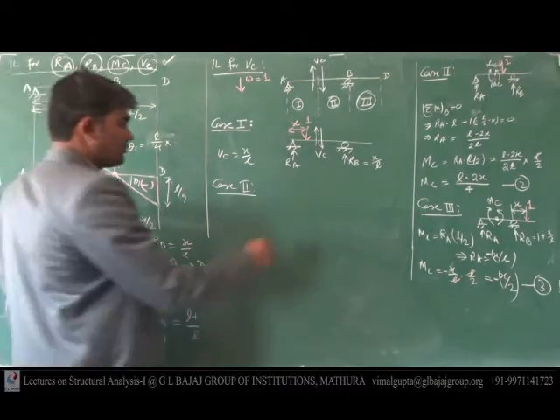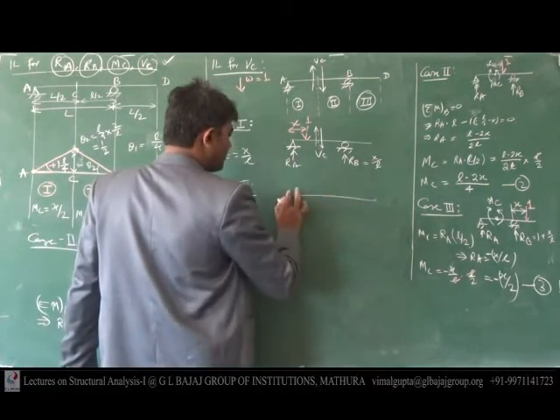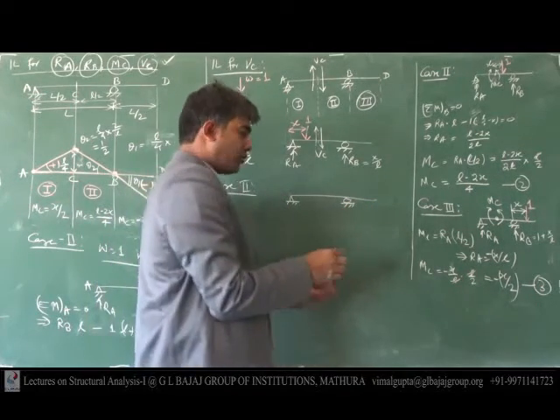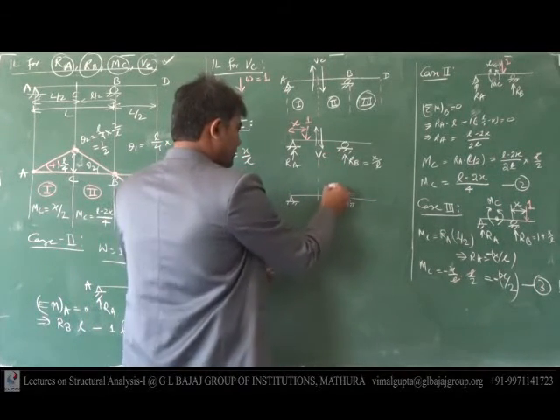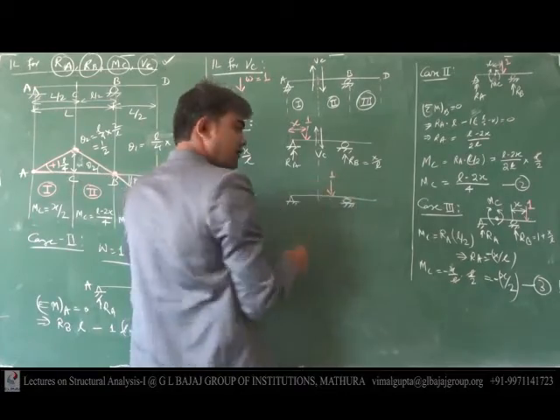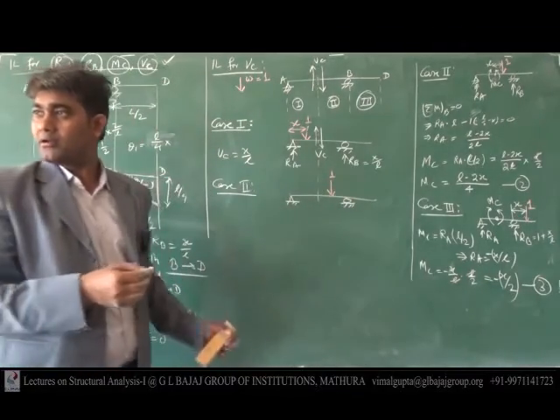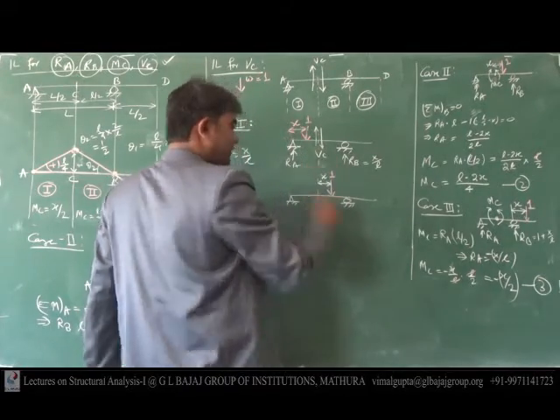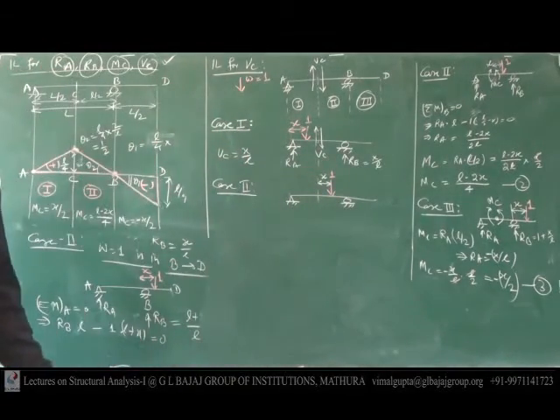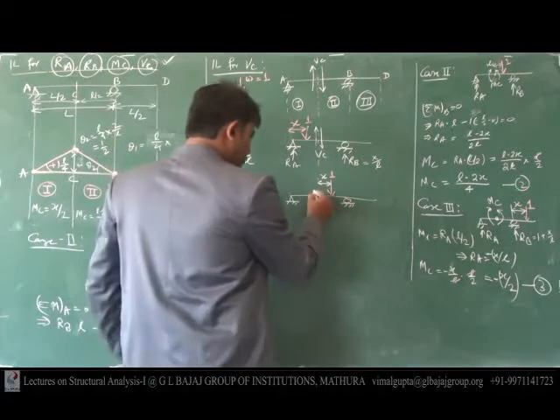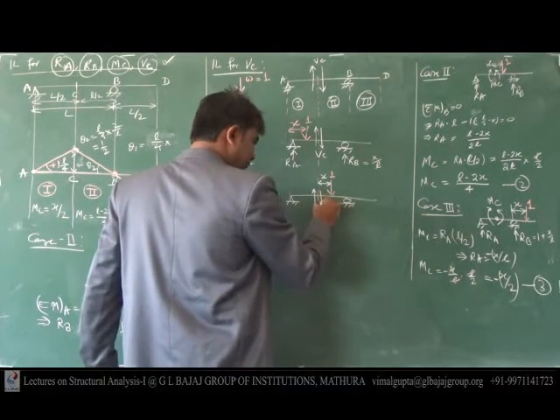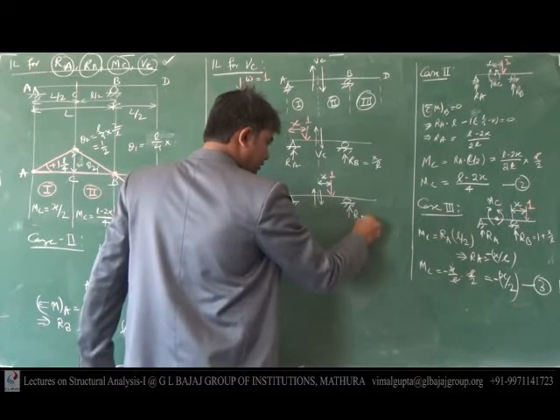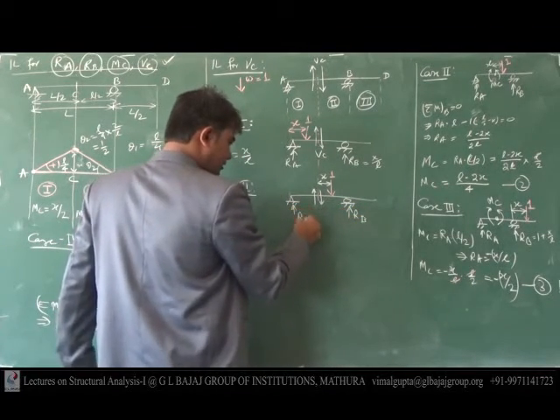Case 2. In case 2, where do we have to place the point load? Here. And this should be considered as x. Now you have to find this value. So this reaction RB, this reaction RA.